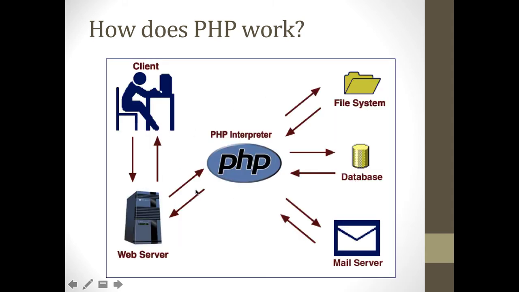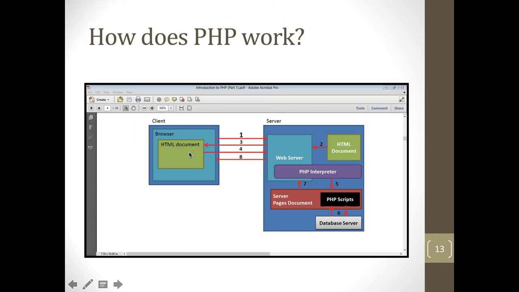Okay, this is the architecture when you have a client through a web browser, and then they interact with the server, and then the server goes to the PHP interpreter. Inside the interpreter, there is a file system, a database, and also a certain protocol called the mail server. Okay, so this is how PHP works. And this is another architecture to show how it works. Number one, it will send information.